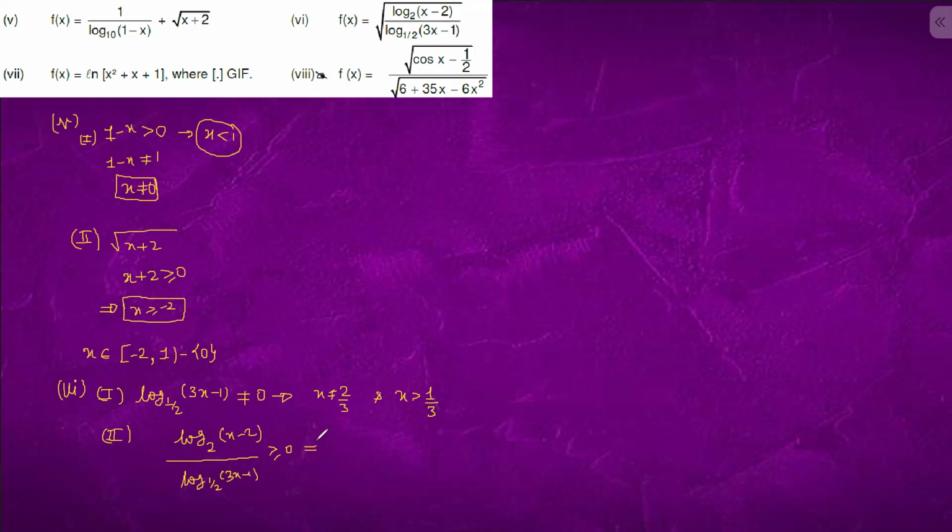From here we get, second one, x should be bigger than 2 and it should be positive. So we will be having log base 2 of x minus 2 upon log of 3x minus 1 less than or equal to 0.